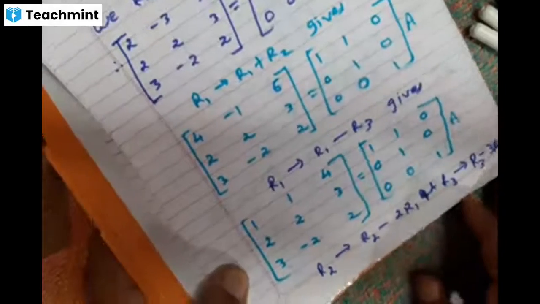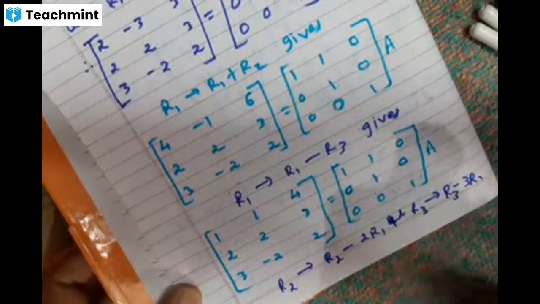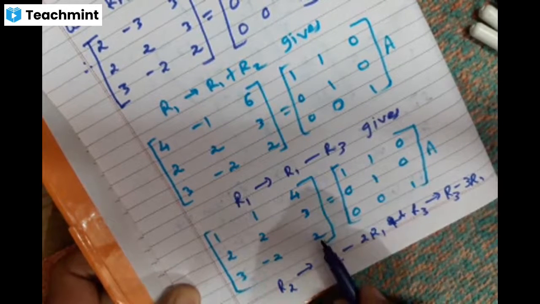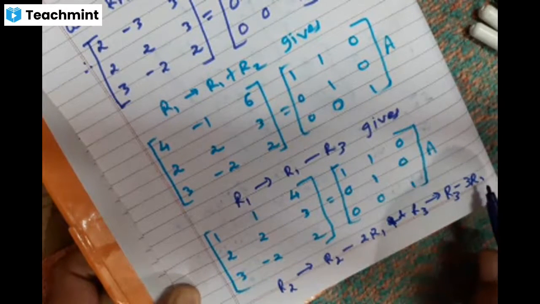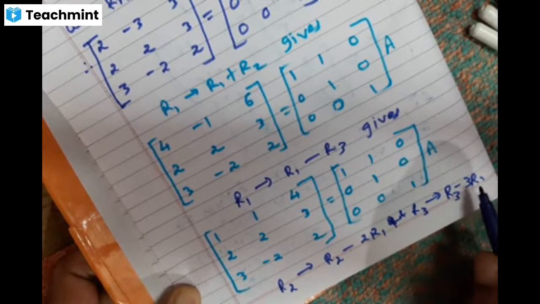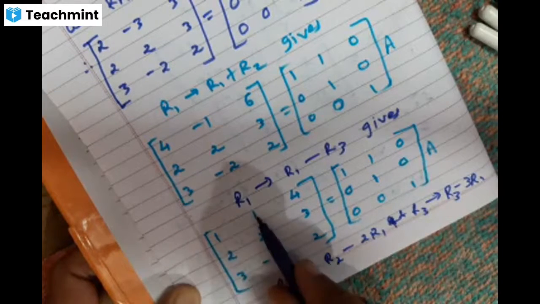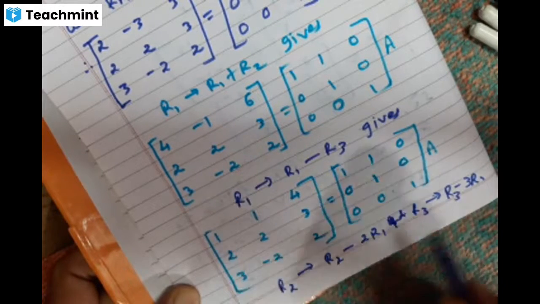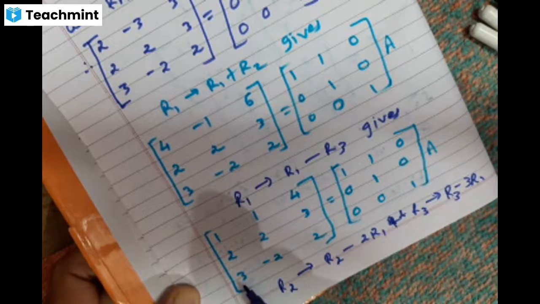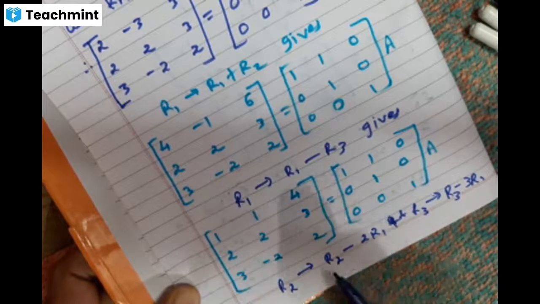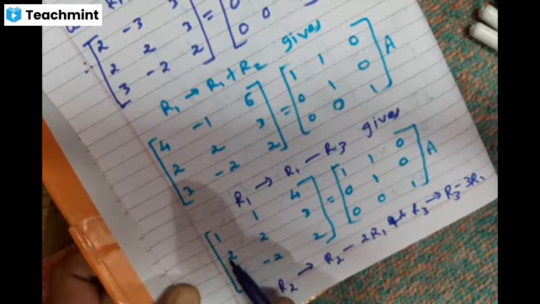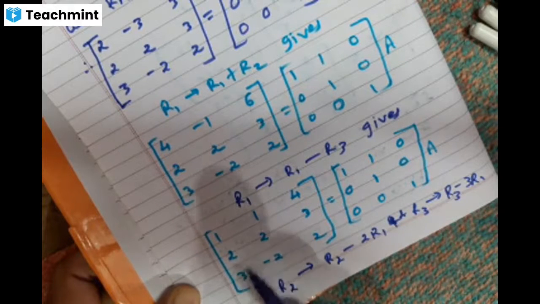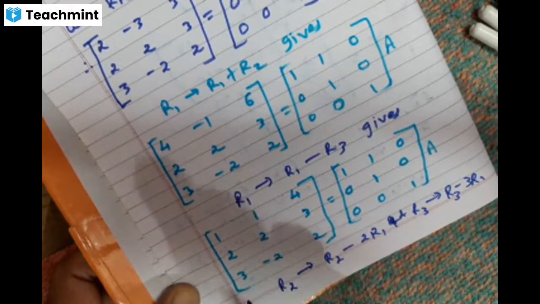Yes, it is visible, right? R3 minus 3R1 means in the third row, what I am doing is -3R1, meaning this 1 1 and 4, I multiply by 3, and after multiplying with 3, subtract in the third row. So here also I get 0. So with doing the two operations, I get 3 zeros. Three positions I am getting 0.